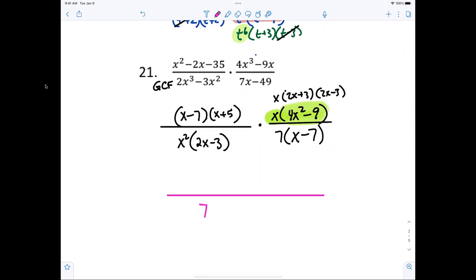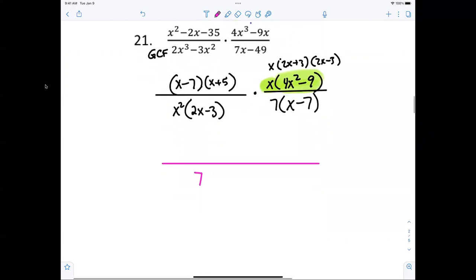So 7. Now I'm gonna look and say, okay, what can cross out? The x and the x squared would come next. So what does x over x squared reduce to? X on the bottom. Now what else? X minus 7 does what? Yes.